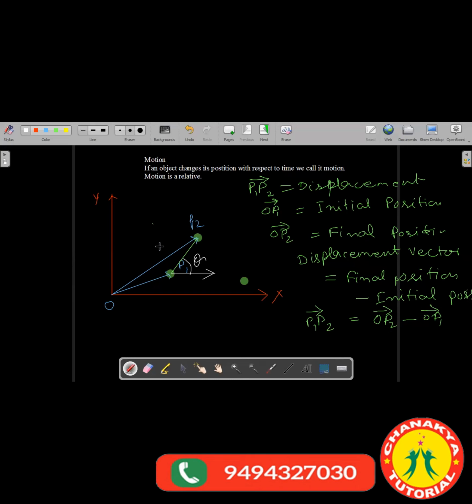So have you understood how we show the direction and magnitude of vector quantities? Yes, sir. Okay. So if in any plane you are asked about the vector displacement, you can find its direction and also its magnitude.